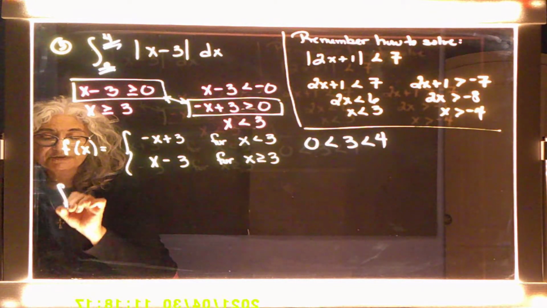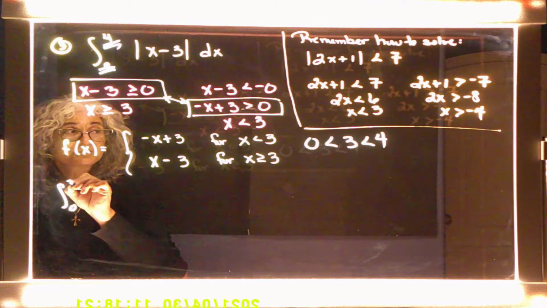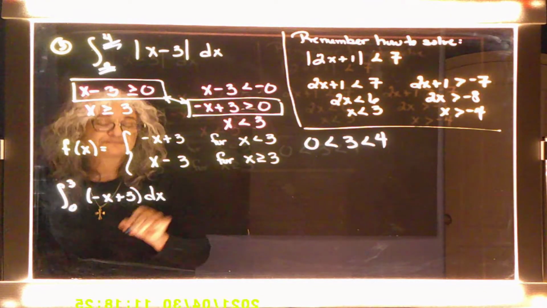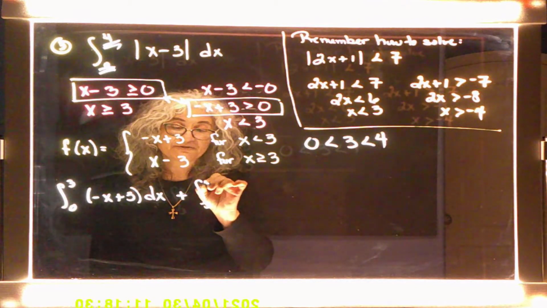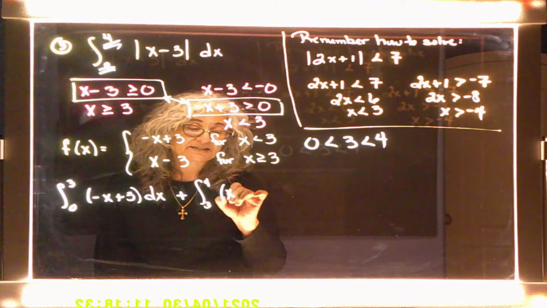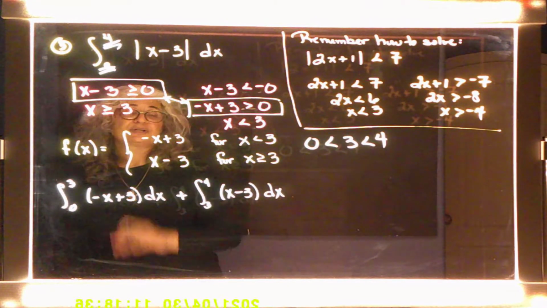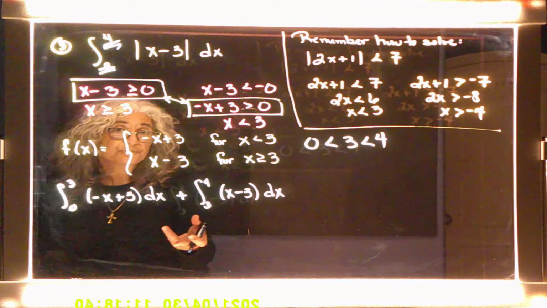So we have the integral from 0 to 3 of negative x plus 3 dx, plus the integral from 3 to 4 of x minus 3 dx, because that's how we wrote it up. Cool? All right.